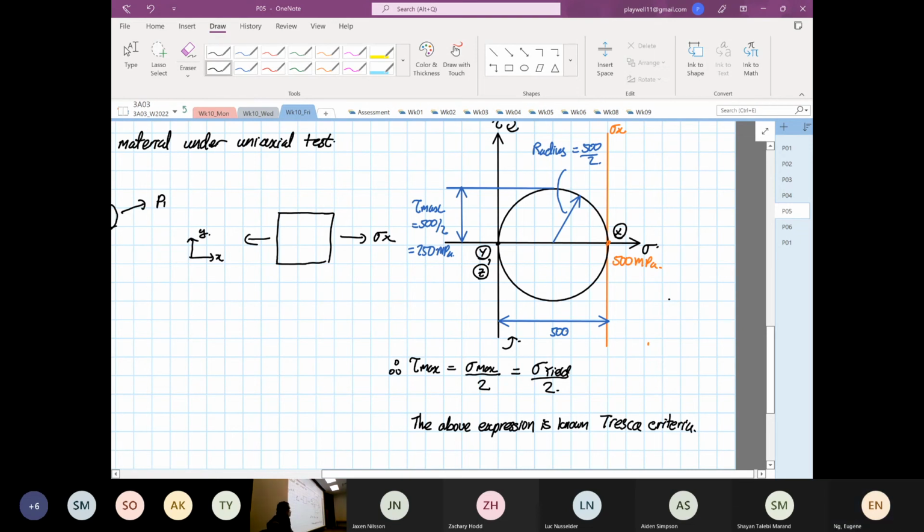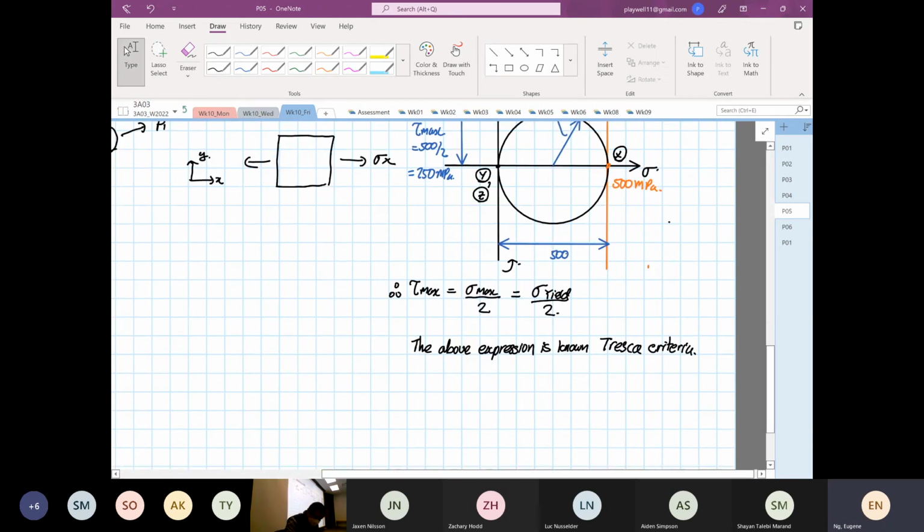Now, as I said, my memory is as bad as anything. So how do we remember that Tresca is shearing stress? What I tend to do is this. You can laugh at it. This is how I write Tresca.